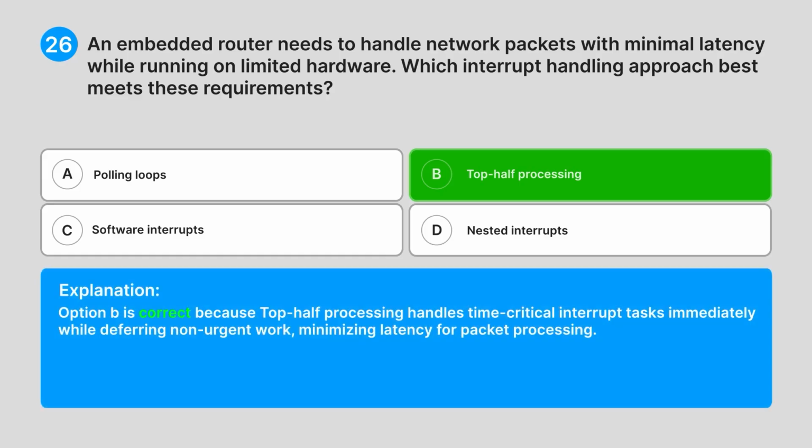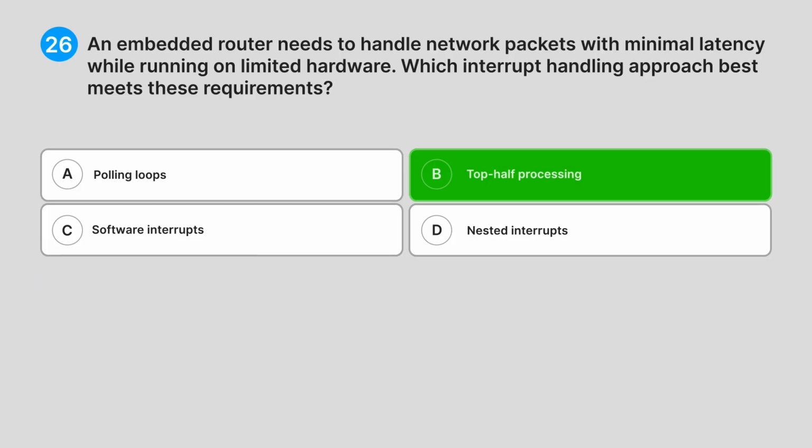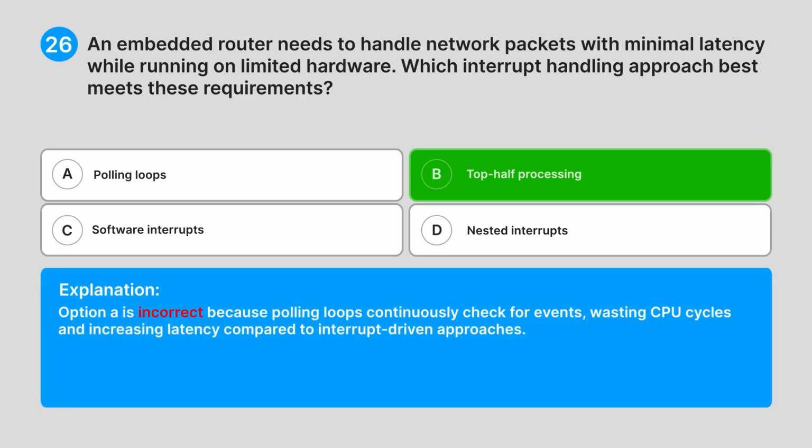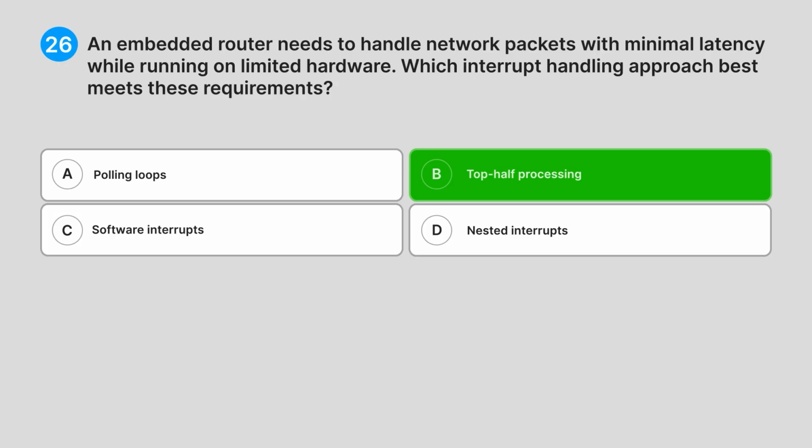Explanation: Option B is correct because top-half processing handles time-critical interrupt tasks immediately while deferring non-urgent work, minimizing latency for packet processing. Option A is incorrect because polling loops continuously check for events, wasting CPU cycles and increasing latency compared to interrupt-driven approaches.